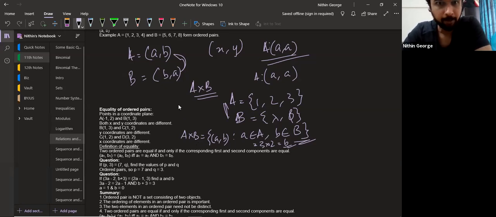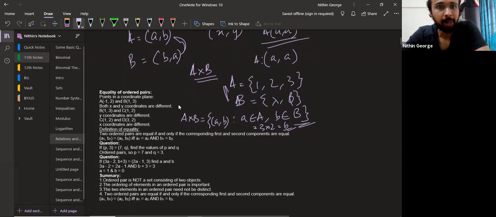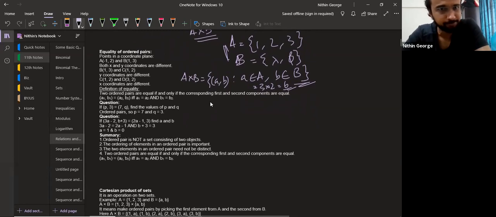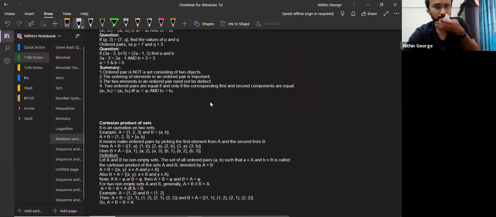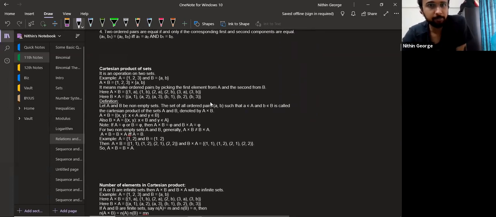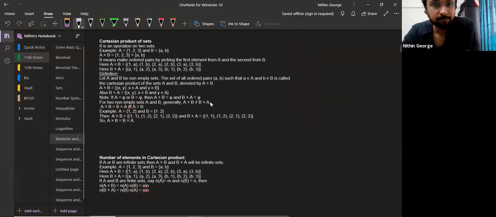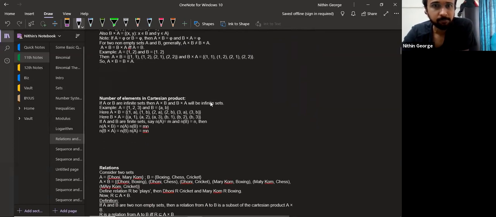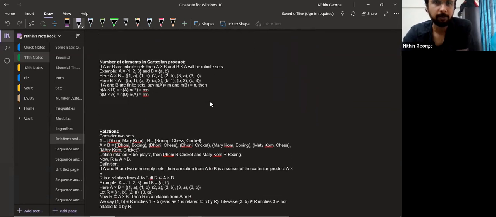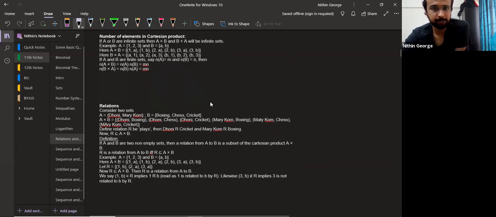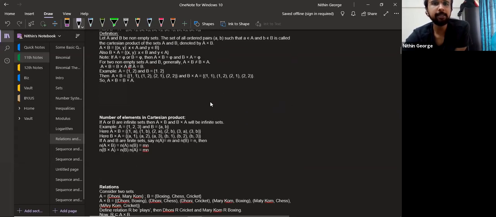Now, equality. I think we discussed all this in one go. Cartesian product of sets. How many elements are there in Cartesian product? That also we discussed.